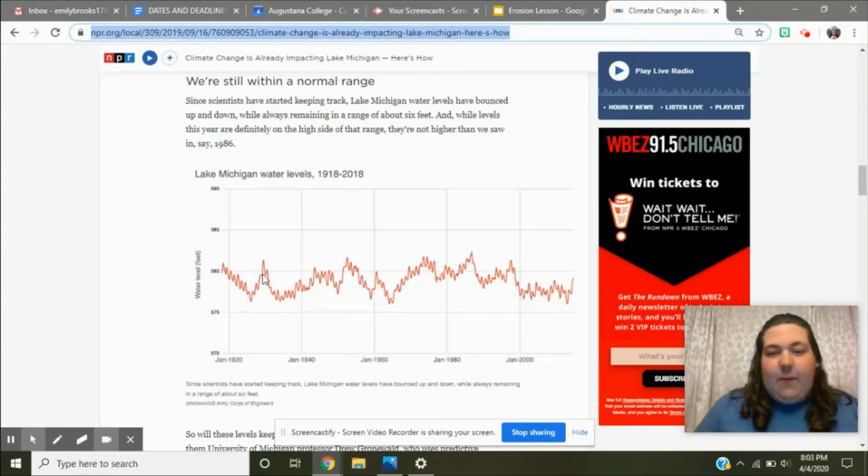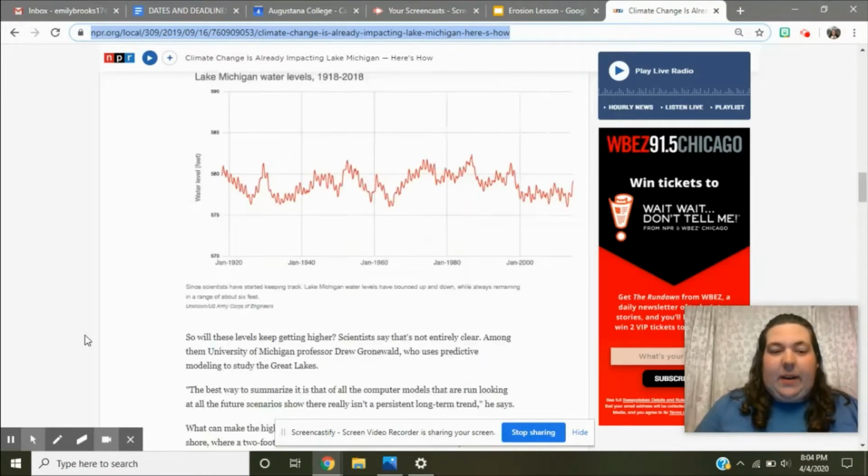You can see where all of these different fluctuations are, and you can see January 2020 over here, where it's projecting. It looks like a general low trend. However, this is over the past 100 years, so it's a very long scale to look at. But if you look, things are spiking rapidly, and this has been the trend. If this graph extended a little more, you would see this trend continue to increase.